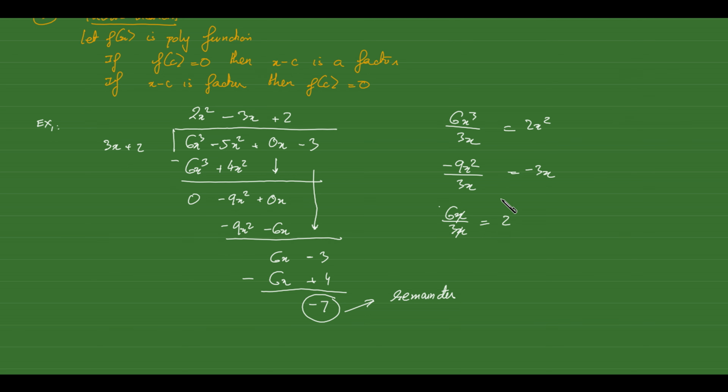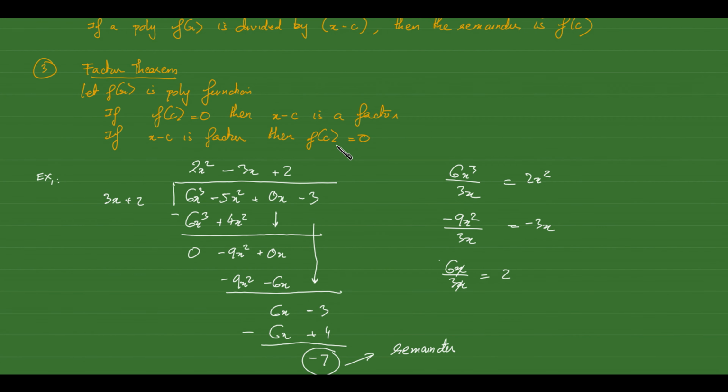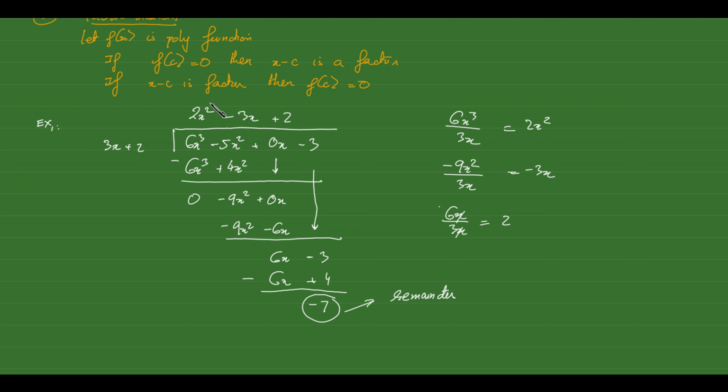So what does it mean? It means that the divisor here is not a factor because the remainder is not 0.